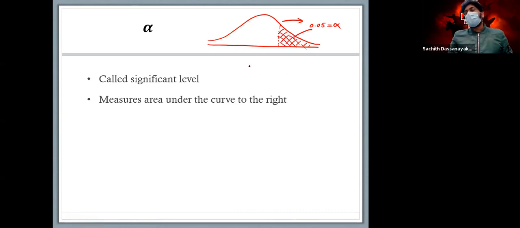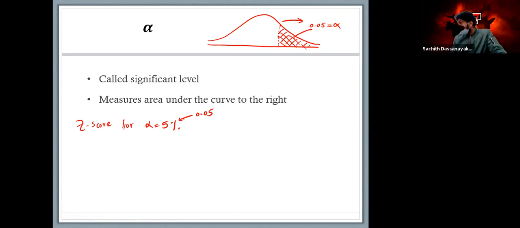If I ask you what is the z-score for alpha equals 5%, you know this is 5%, meaning 0.05, right? So what is the z-score? Simply go to the table, locate the probability or area, find this probability and pick the z-score value.